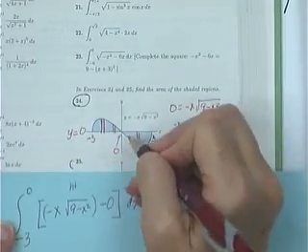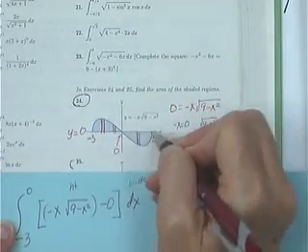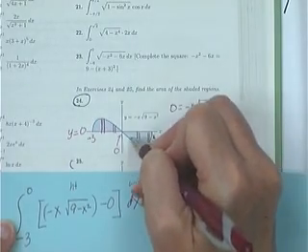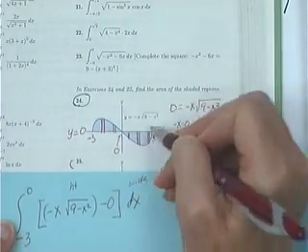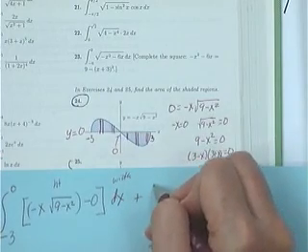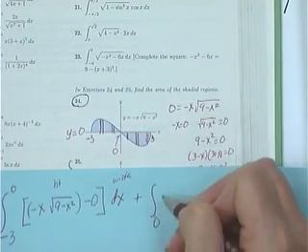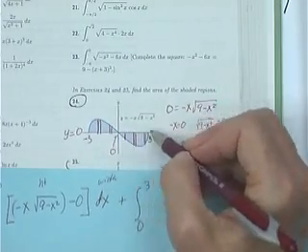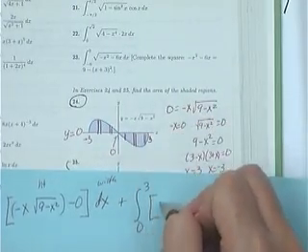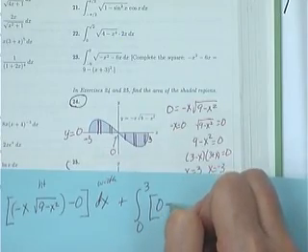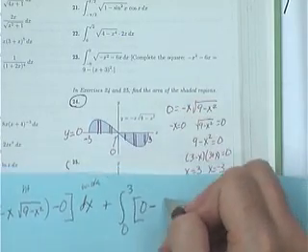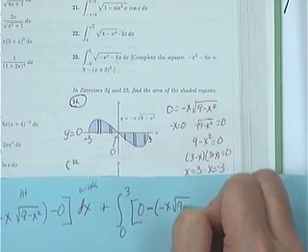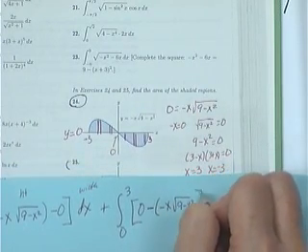Then we notice that at 0, on this side, the top and bottom curve change no matter where I put in my little element of area after 0. So I'm going to pick up at 0 and go to 3. And the top curve this time is 0 minus the bottom curve, which is minus x square roots of 9 minus x squared.